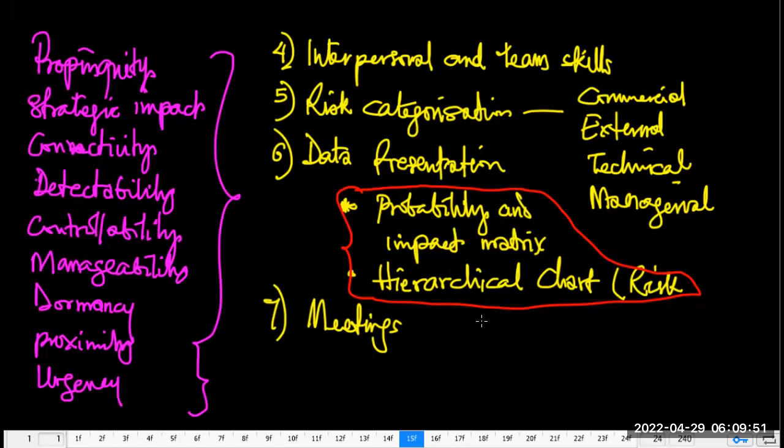So what do you have to show that you've actually performed qualitative risk analysis? One is project document updates.